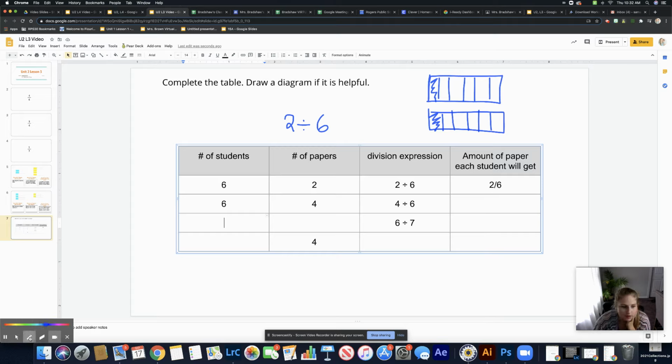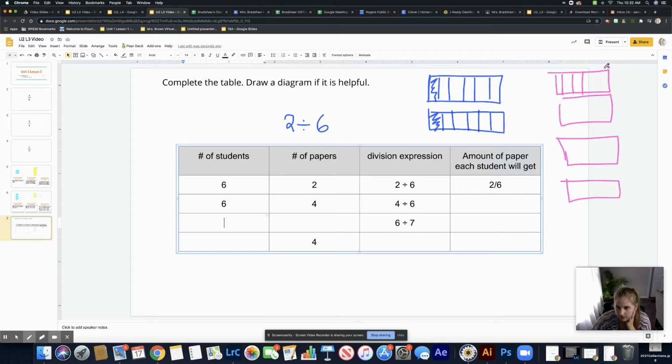If I need to draw a picture, I can say I have 4 papers, 1 paper, 2 papers, 3, 4, dividing it into 6 pieces for each student.